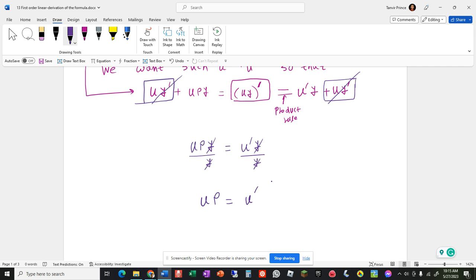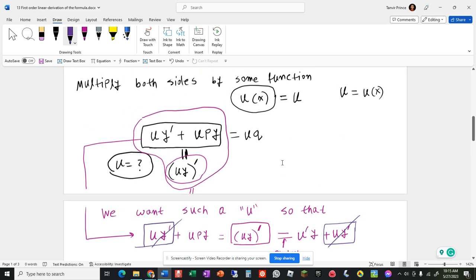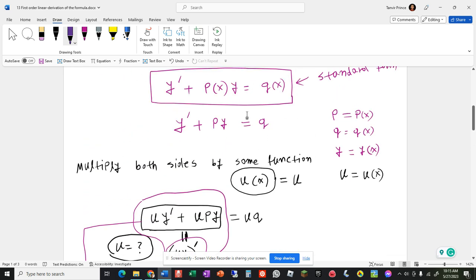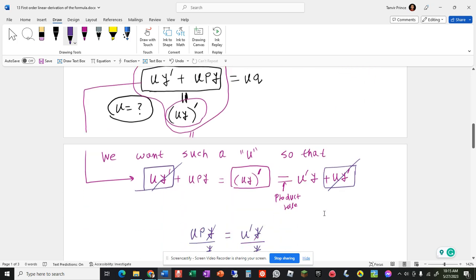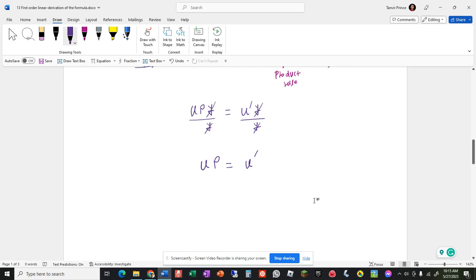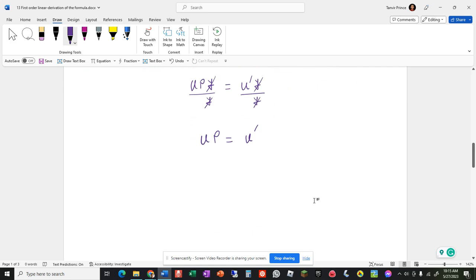I want to know what u is. Remember, p and q are given to us. If you go back to the differential equation, we know p and q from the question. So here we know what p is. Can we figure out what u is? u' is actually du/dx. Remember, we're taking the derivative with respect to x. Let's cross multiply.